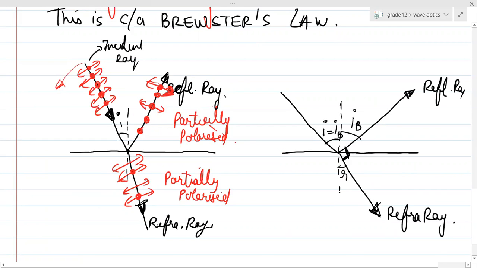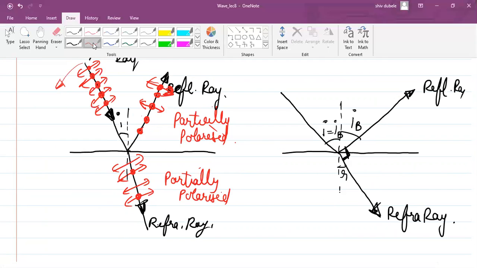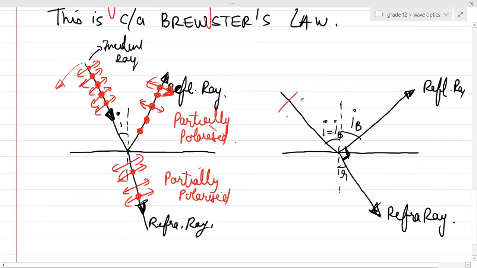When the angle between this ray and this ray becomes 90 degrees, at this particular angle, if you incident an unpolarized light, so guys, are you able to see an unpolarized light over here? At this particular angle of incidence, this light gets completely plane polarized.